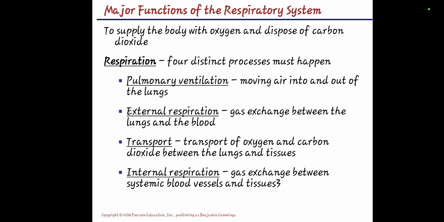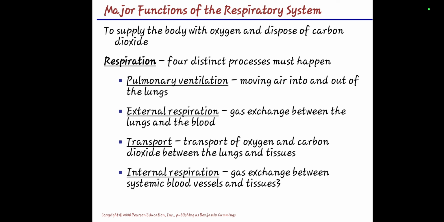Next, we have external respiration. When we say external, it is outside. So meaning it is a gas exchange between the lungs and the blood. Okay? So it is particularly on the exchanging of gases from our lungs to the blood. Then we have transport. When we say transport, very easy from the word itself, it basically explains transportation.